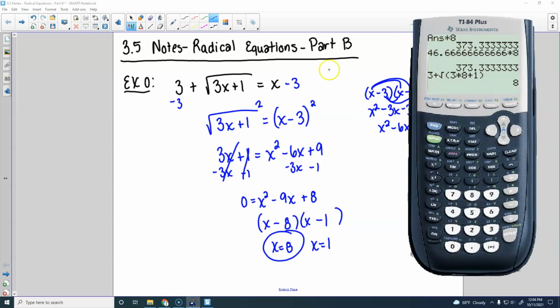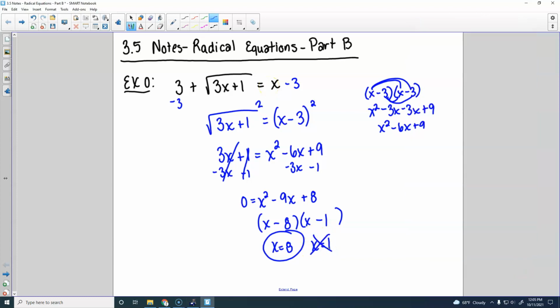Then you also want to check the 1. So 3 plus the square root of 3 times 1 plus 1 is also supposed to give us 1, but it is giving us 5, which is not 1, right? So 1 is an extraneous solution here.